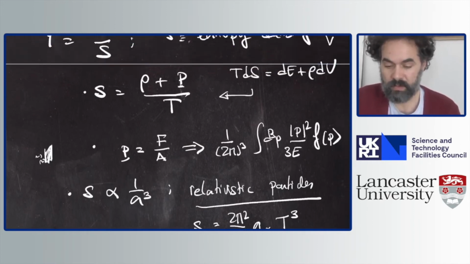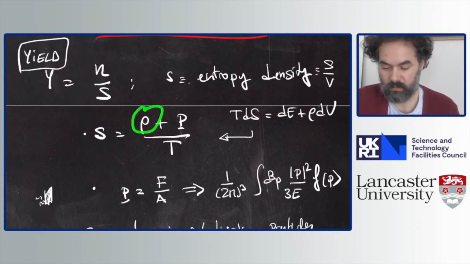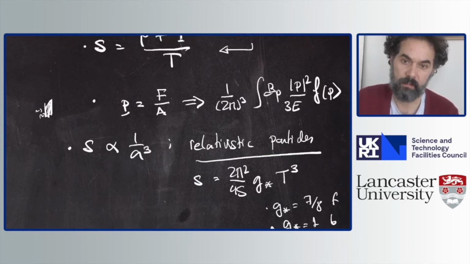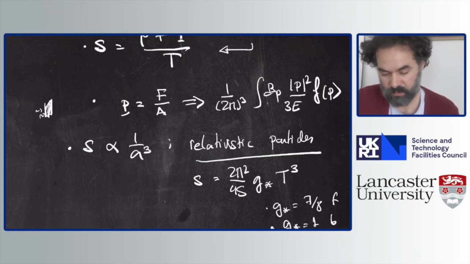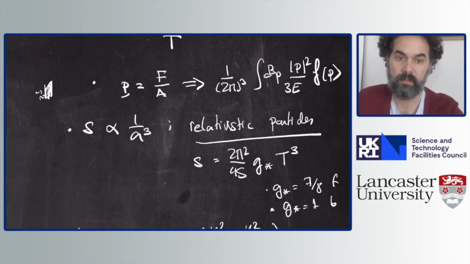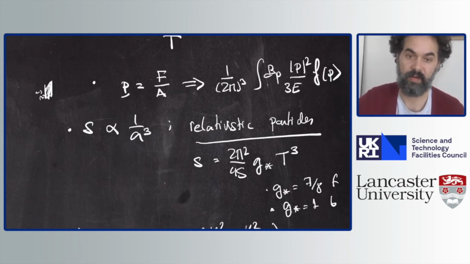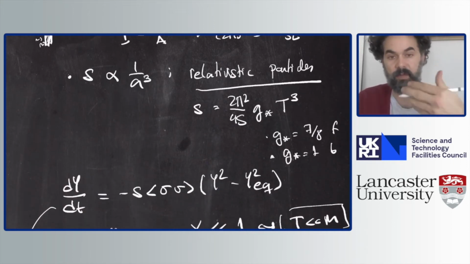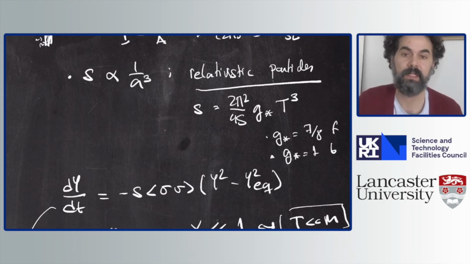Once you put together rho and p for relativistic particles, you find the value of the entropy density, which is given by this number here: 2 pi squared over 45 g star T cubed, where g star is 7/8 for fermions and 1 for bosons. If there are more particles, you have to multiply this by the number of particles in this relativistic collection.